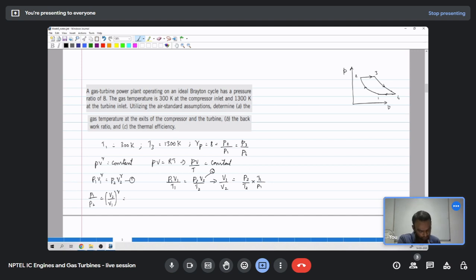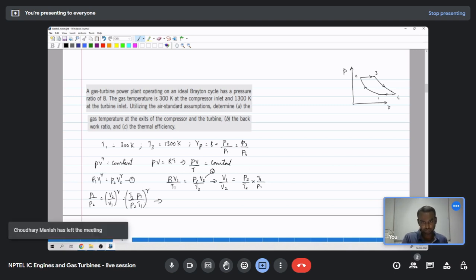So from here I can write T2 P1 by P2 T1 power gamma. Now if I take gamma on the other side, I would have T2 by T1 into P1 by P2 is equal to P1 by P2 power 1 by gamma.